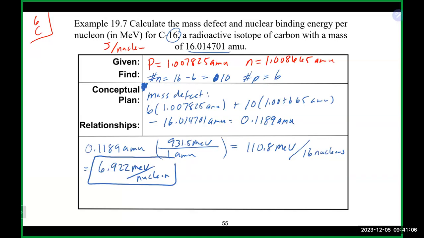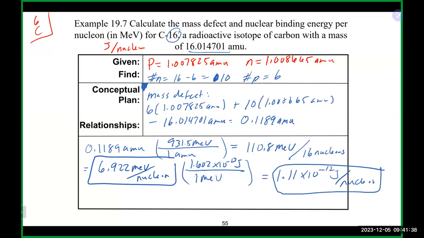Now we also wanted joules. Since I did it this way, I can just use the other conversion and convert from mega electron volts to joules. We multiply by 1.602 times 10 to the minus 13, and that gives us something like 1.11 times 10 to the minus 12 joules per nucleon.